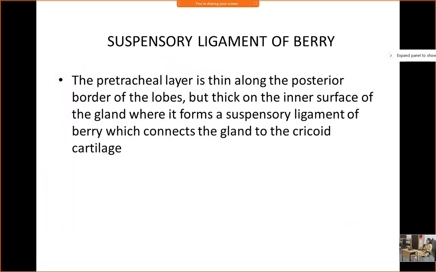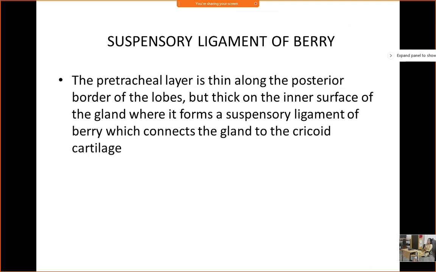A bit about the suspensory ligament of Berry. What is this suspensory ligament of Berry? The pretracheal layer, which engulfs the entire thyroid gland, is thin. But along the posterior border of either lobe, both the right and left lobes, it becomes thick on the inner surface, where it forms the suspensory ligament of Berry, which connects the gland to the cricoid cartilage.